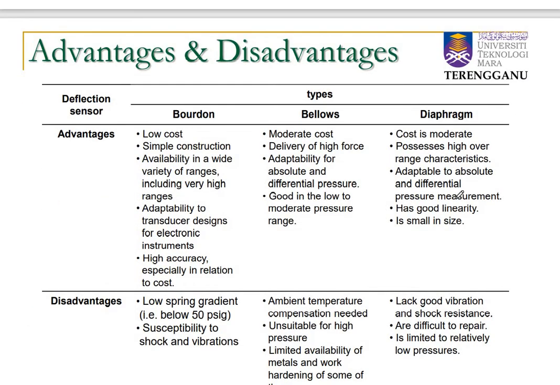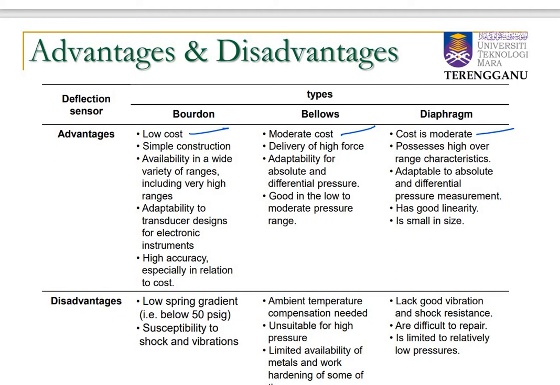So the advantages and disadvantages, I think you can read from here. It is straightforward. Let me pick only one point. So for the Bourdon, the Bourdon cost is low, Bellows is moderate, diaphragm also moderate.